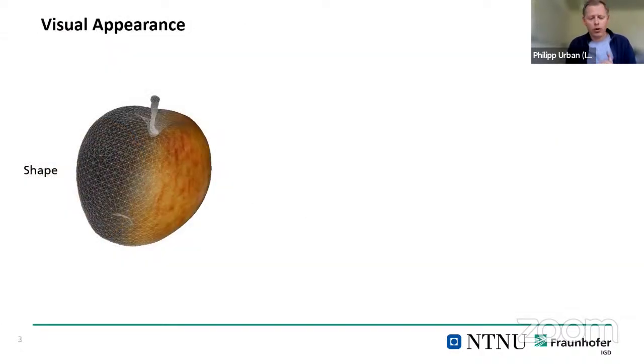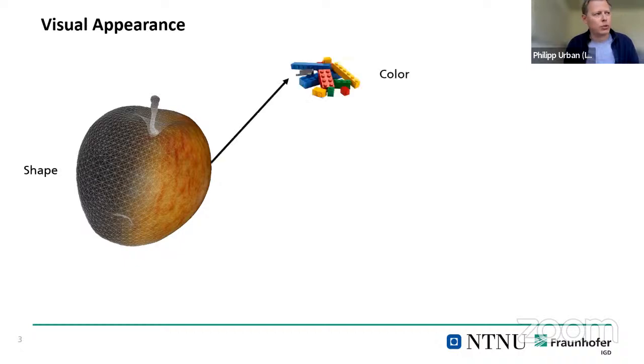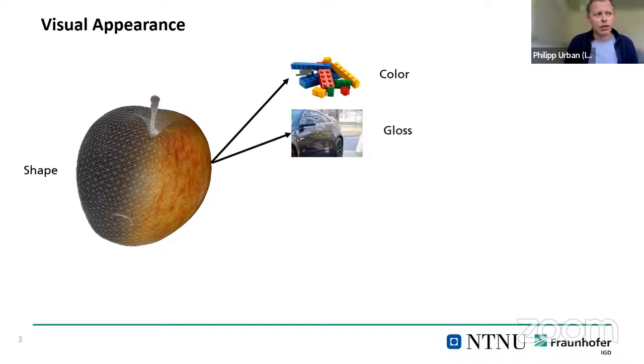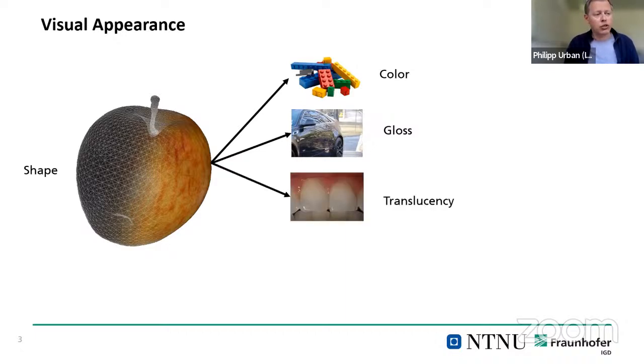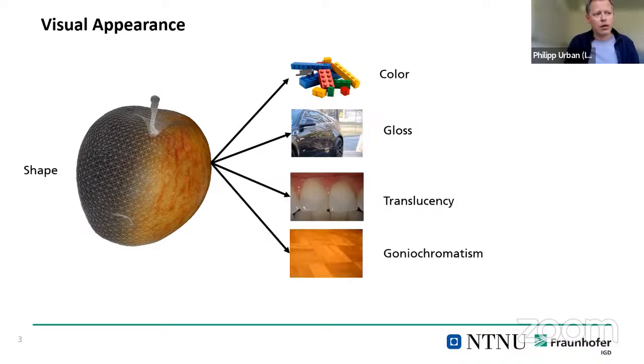And what is visual appearance? We have multiple appearance attributes. One is color, which has 5 dimensions, though typically only 3 are reproduced. Gloss, according to Hunter, has 5 dimensions, but usually only 1 dimension is reproduced, specular gloss. Translucency has at least 4 dimensions. And there are also other effects like goniochromatism, where the color depends on the viewing geometry.